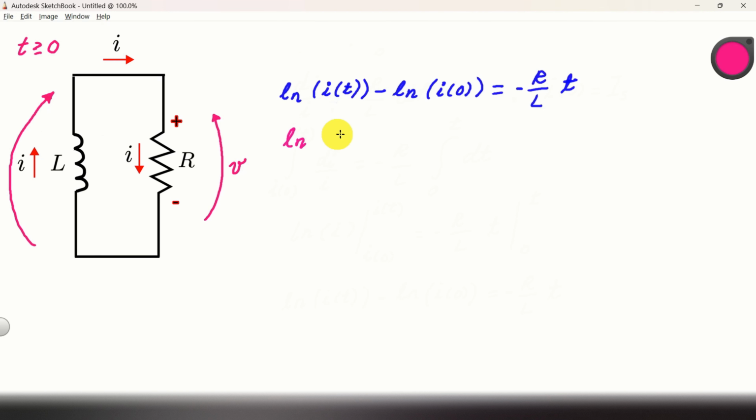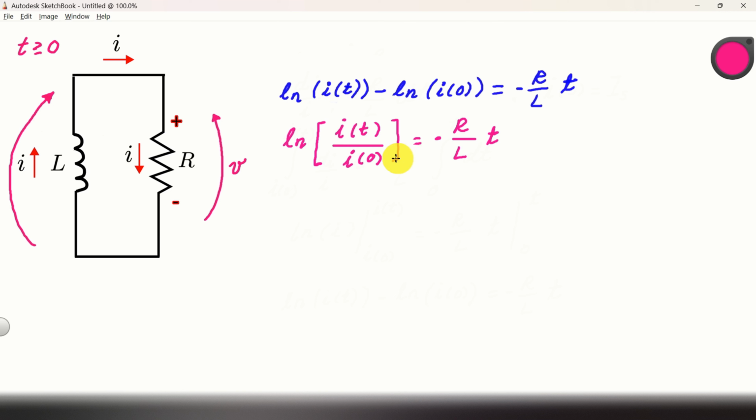The difference of two ln functions can be written as a ratio. Consequently, I'm going to use square brackets, and I can write ln of I of t over I of 0, and on the right hand side I will still have minus R over L times time.